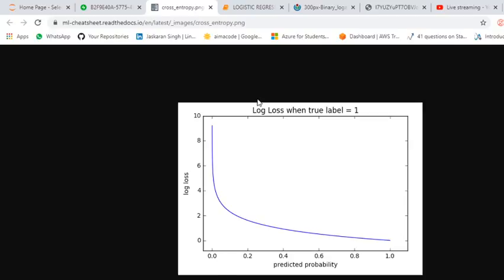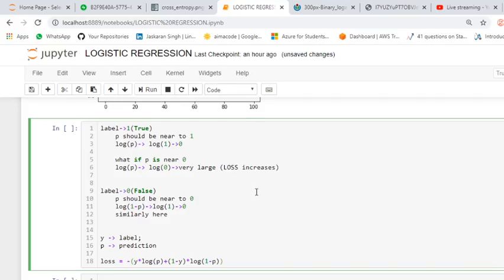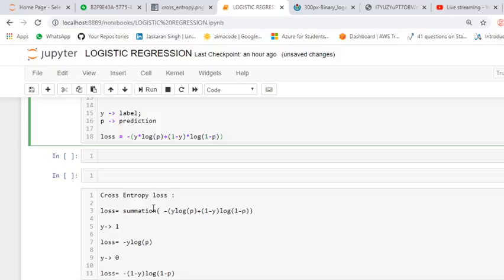If the p value is near to 0, the loss tends to infinity. But if it is near to 1, the loss would be 0.